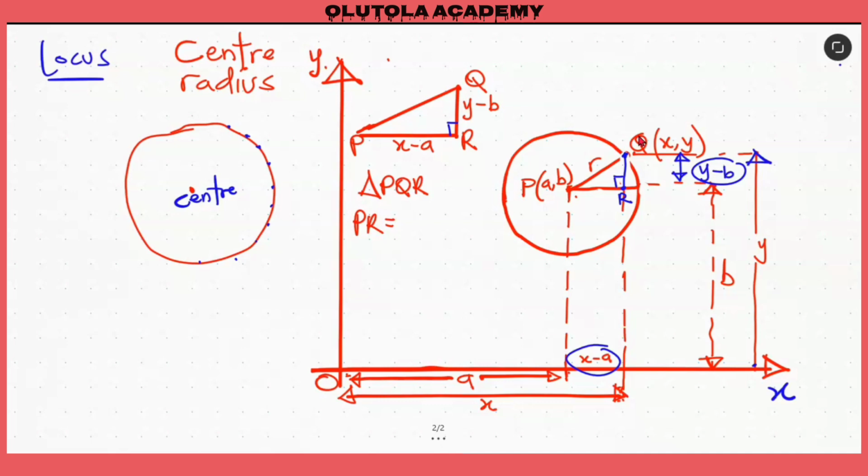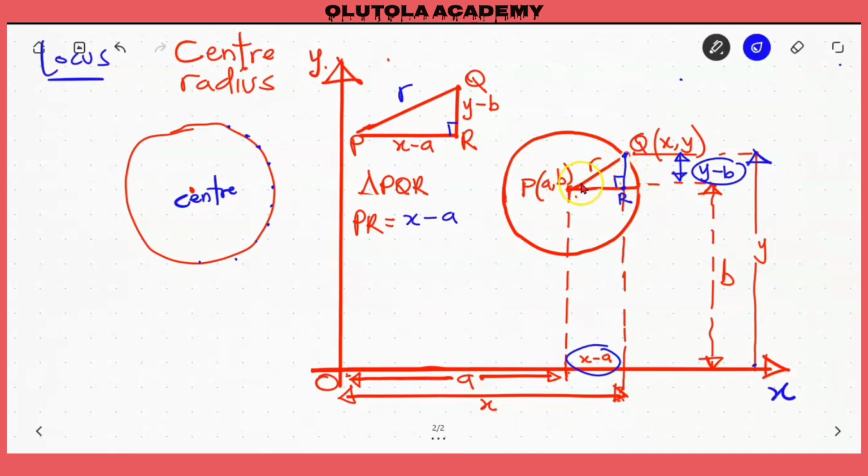So to get the radius, we will need to bring in Pythagoras theorem here. And you know Pythagoras theorem is applied on right angle triangle. So in the triangle PQR, we have PR to be x minus a. That's from here to this point.